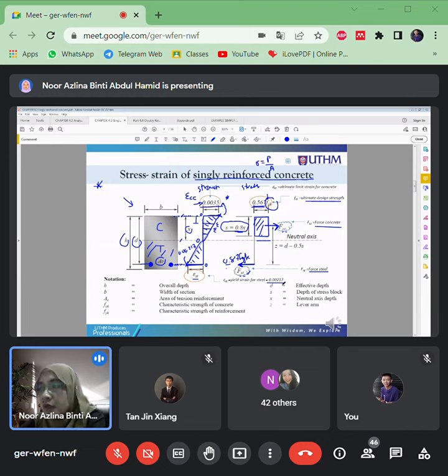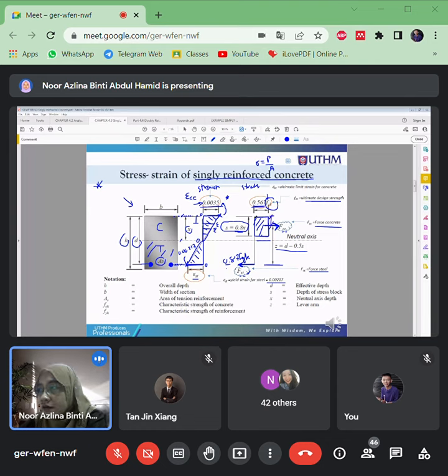So this is all the notation. What is it about X? Okay, Z here. Z is the height from the force of the concrete to the FST, which is Z equals D minus 0.5S. D is from the concrete surface to the steel. You have to minus half of this height, right?